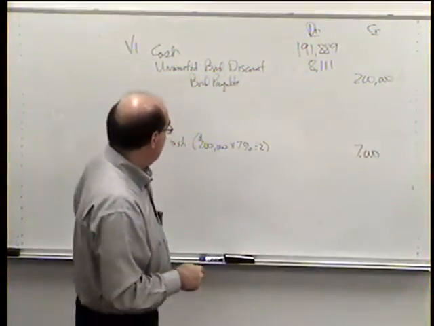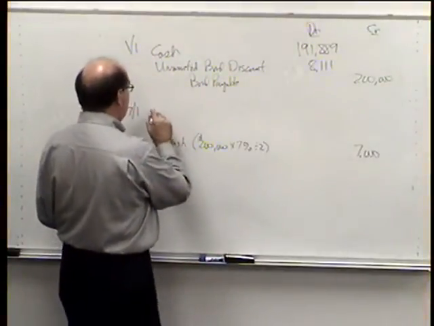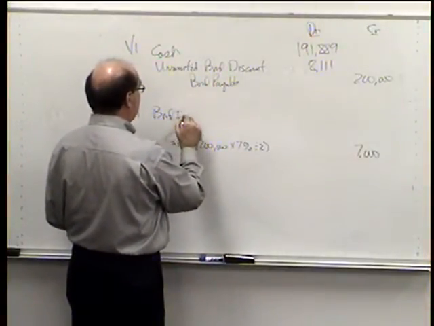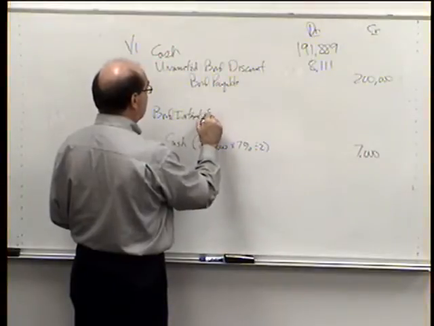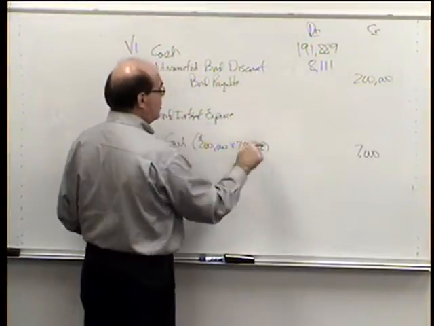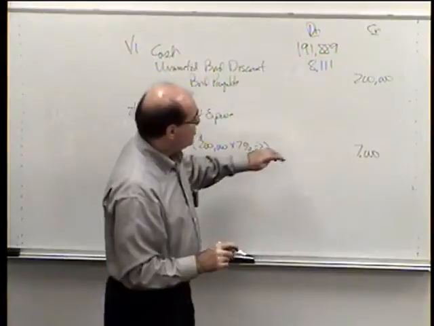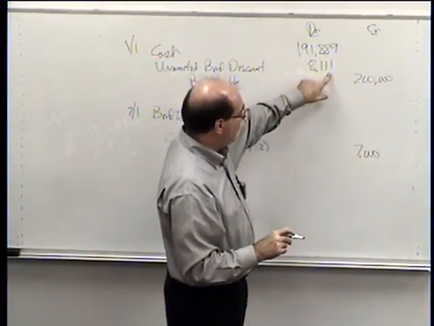interest to. But the bond interest expense that we have here, that we have to show for the cost of borrowing the money, isn't just the $7,000. It's more, because we've got to take part of this $8,111 and add it in.